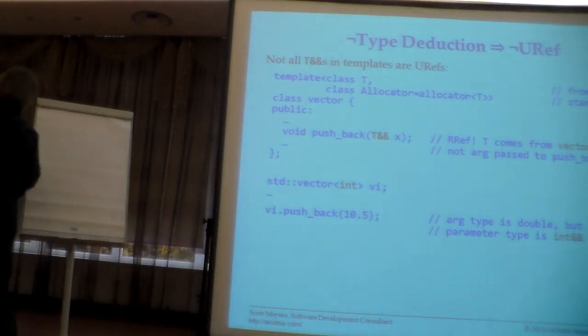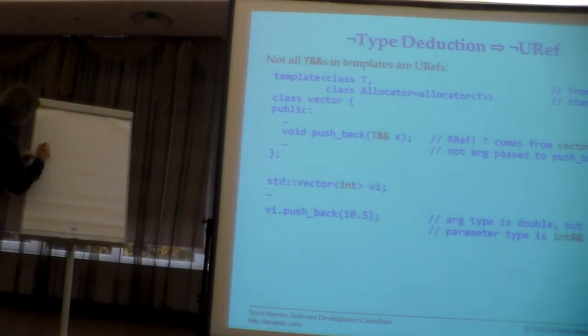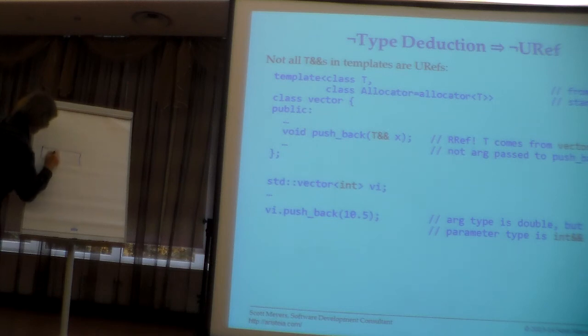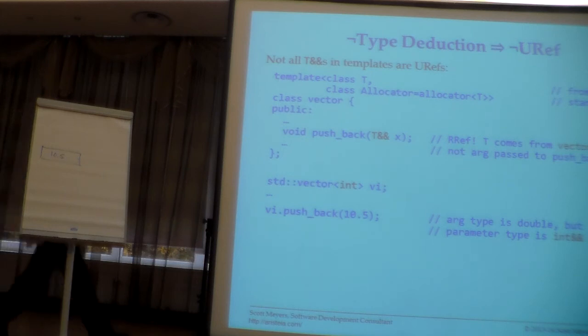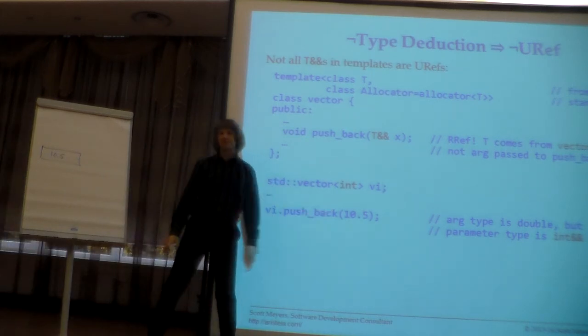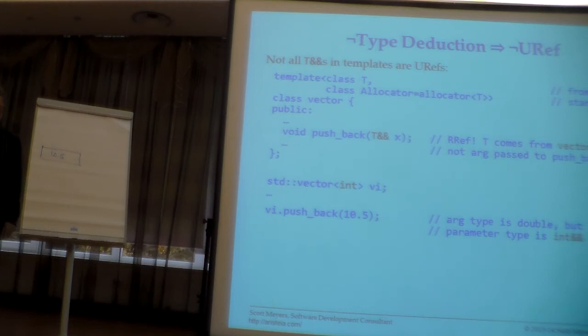So here's some memory, and it has the value 10.5 in it. So then what I do is I pass that 10.5 up to push_back. Now, here's the reference x. It has to refer to an int. So what happens is this 10.5 is truncated to become 10.